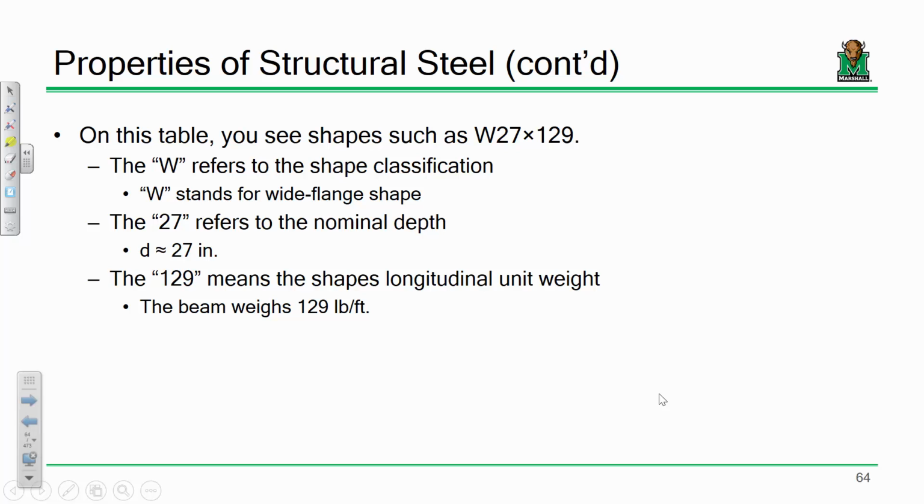So a W27 by 129 would be a wide flange section that is about 27 inches deep and weighs 129 pounds per foot. Okay? So you never need to calculate the self-weight of a rolled section, because if it's a W10 by 49, it's 49 pounds per foot. That's how they're spec'd out. So determining beam self-weight is really easy. It's just the name of the section. Okay?